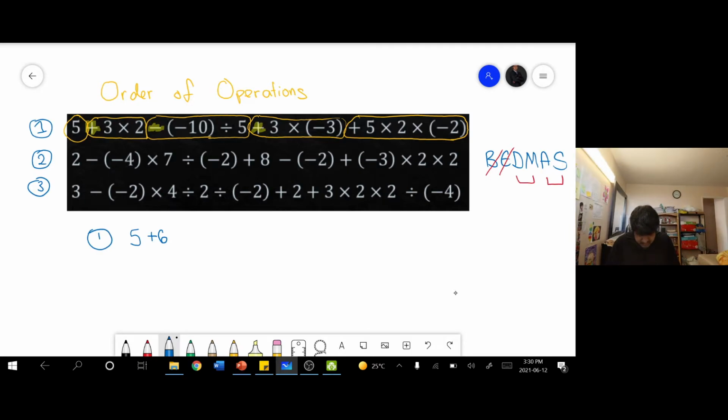Cool, right? But here's the thing, we actually have a negative 10 there. So remember this. If we have a negative 10 and we're dividing by 5, we're going to end up with negative 2. But then this sign and this sign come together, so actually, we're going to have to be adding 2.